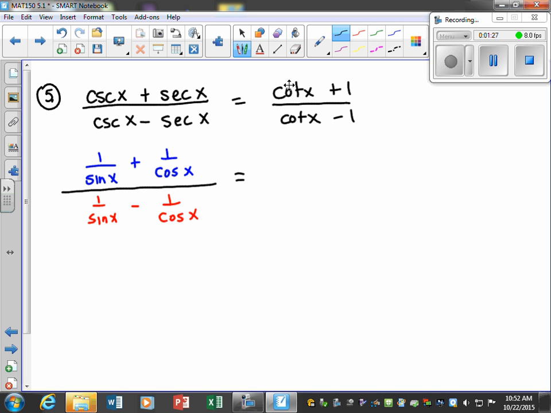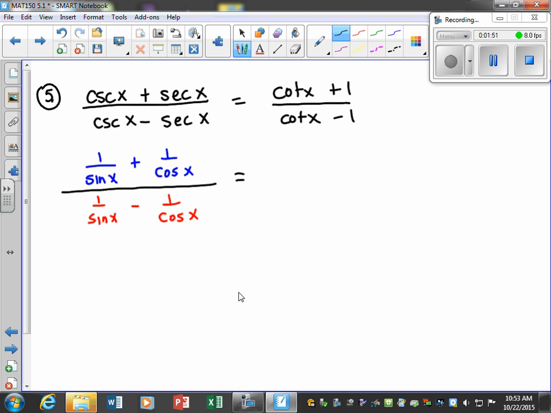Your cosine over your sine. What would make this cotangent if I have what in the numerator? Cosine, go. What happens if I had cosine in the numerator here? It would simplify to 1. So what if I had cosine here? Cotangent, and what if I had cosine here?